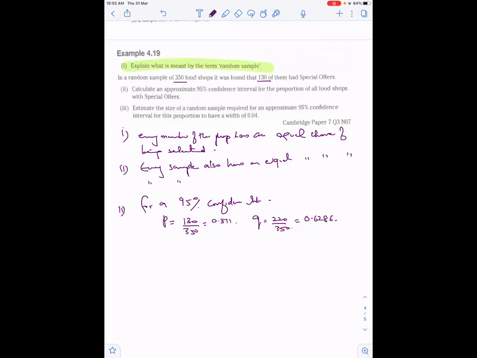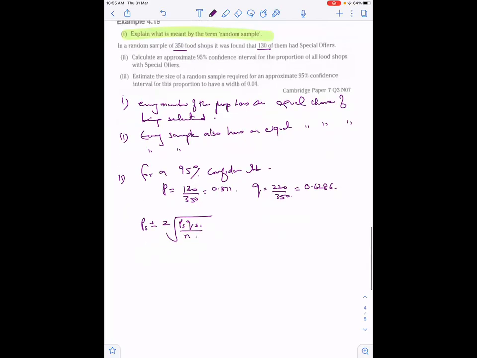So it's going to be p plus minus z root of pq upon n. The proportion is 0.377 plus minus. The value of z: if it is a 95% confidence interval, this is 2.5 and this is 2.5, that means this whole area is 97.5.